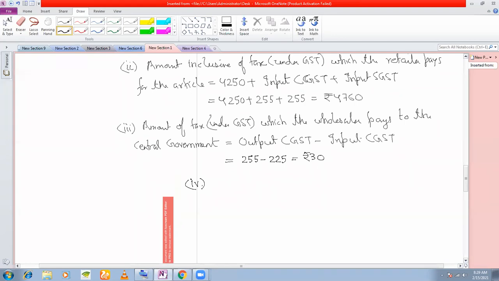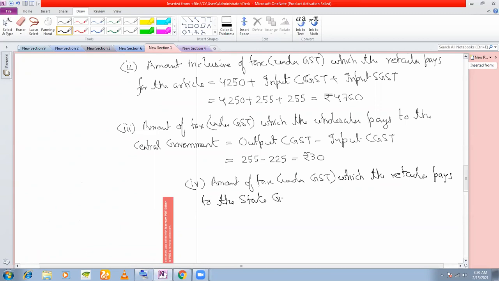The next question is the amount of tax under GST which the retailer pays to the state government.